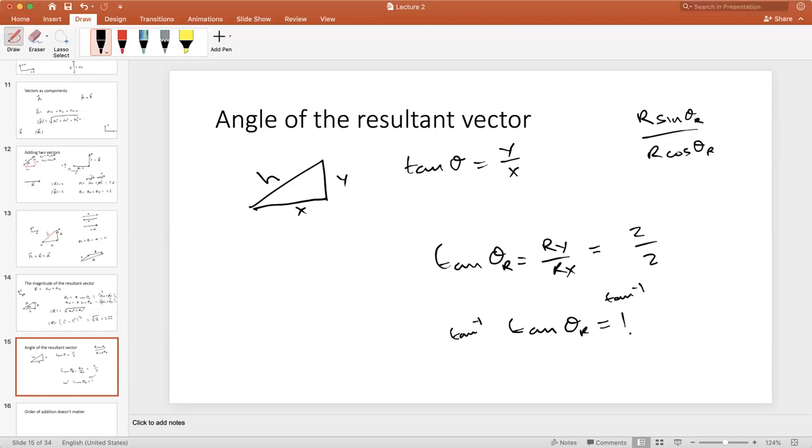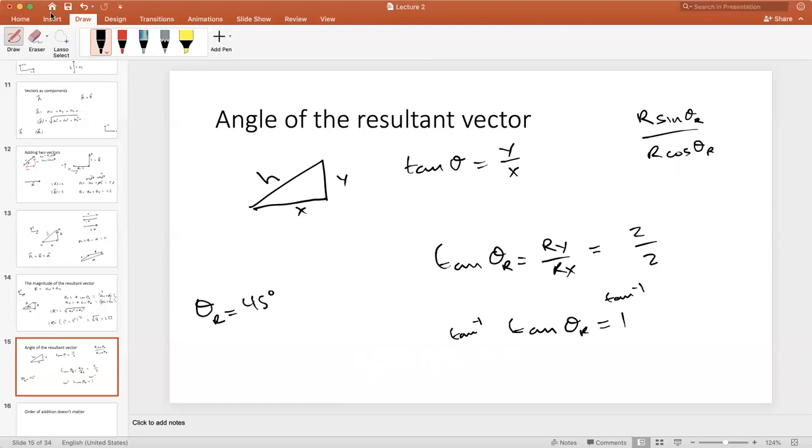Our tan of 1 is 45 degrees, obviously, or 225 degrees. But yeah, so you know that the angle of the resultant vector is 45 degrees.